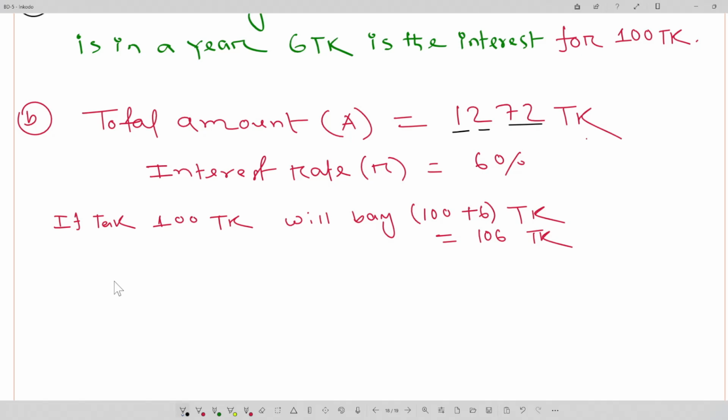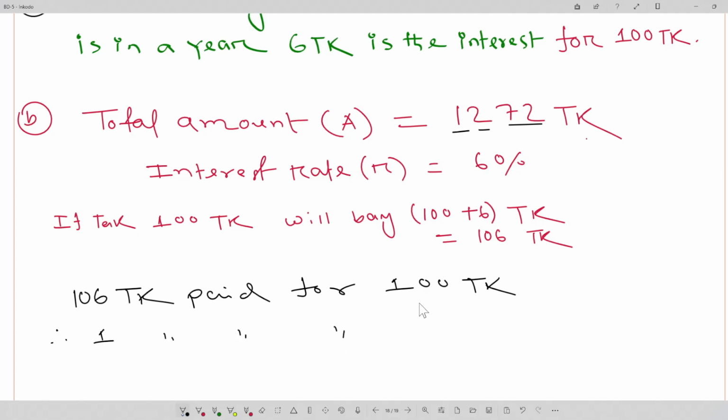So what does that mean? It means 106 taka is paid for 100 taka. He takes 100 taka at 6%, and 1 year later it becomes 106 taka. So for 1 taka he paid 100 divided by 106 taka.